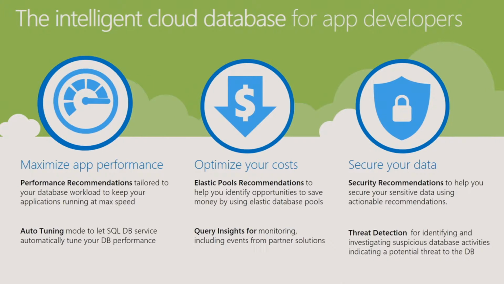And last are the security intelligent features, which will help you to secure your data and detect anomalous activities on your database. Each part will include live demos and customer testimonials, which allow you to understand that choosing Azure SQL Database can make a major difference for your application and your organization. So now, Vladimir will dive into the performance and the cost intelligent features.